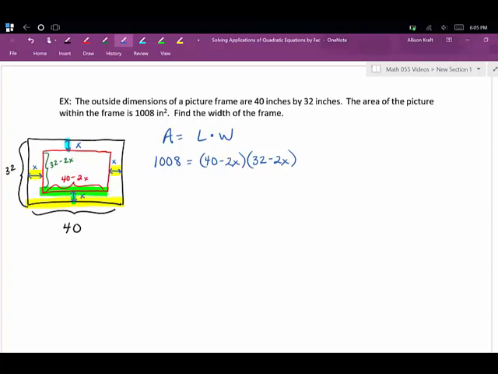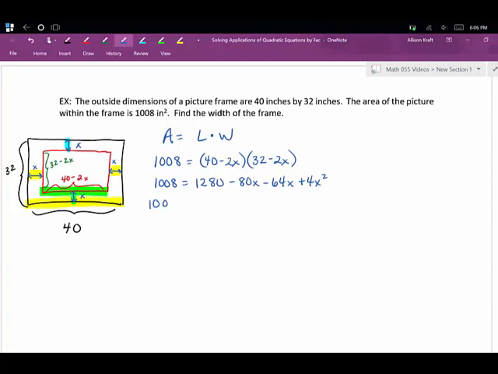We need to get this equation into a form that we can factor. Therefore, we're going to have to multiply this all out, combine like terms, and set it equal to 0. Multiplying this out, we get 1008 equals 1280 minus 80x minus 64x plus 4x squared.